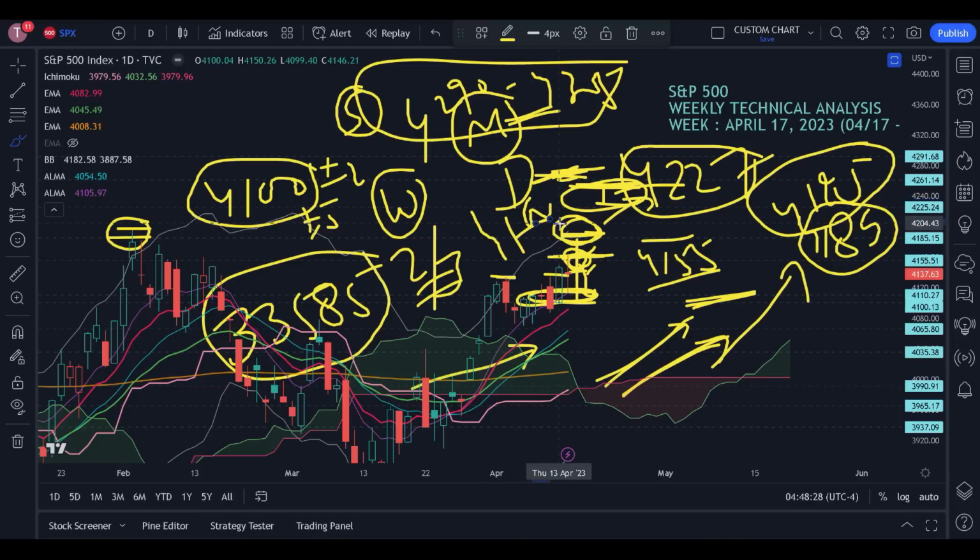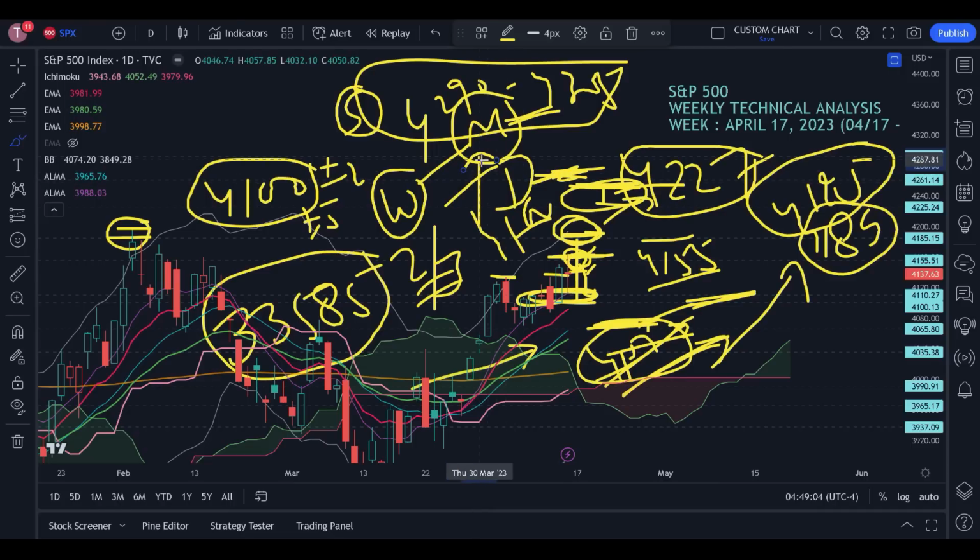As I mentioned earlier, the bearish movement can come if the S&P 500 fails on Monday and also on Tuesday to clear and close above 4160. 4160 is the boundary of the Ichimoku cloud, and 4155 is the 50% Fibonacci level. If it fails to close on Monday, no problem, it was just one day, it can try again.